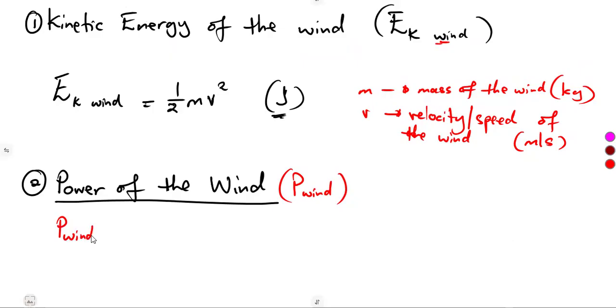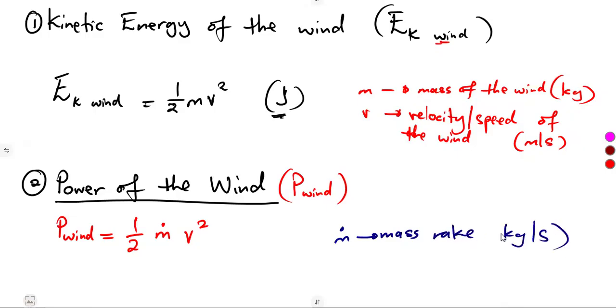So it follows that the wind power can be obtained from half of the mass rate times velocity squared when given the mass rate. Take note, when the mass rate is given in kilograms per second, we can use this formula.